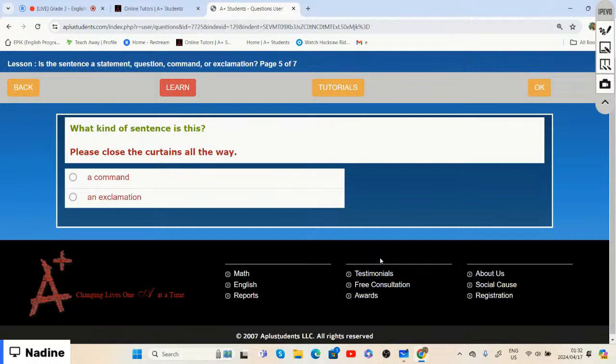Please close the curtains all the way. Is this a statement? Is it a question, a command, or an exclamation? All right.